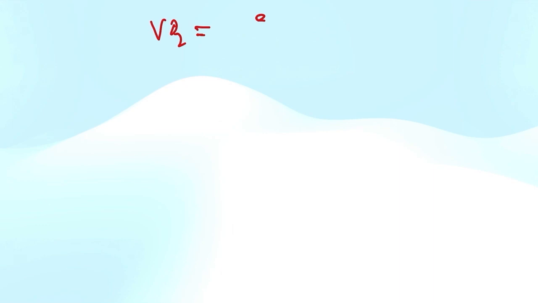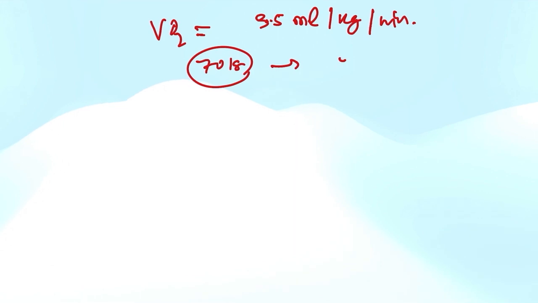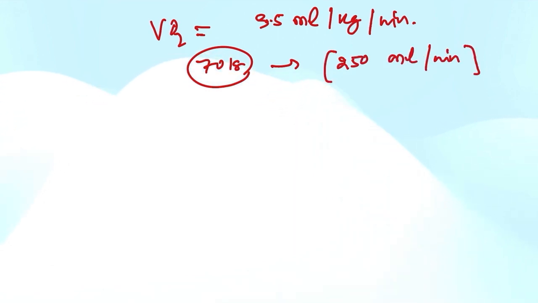So again, VO2, or oxygen consumption of our body at resting phase per unit time, is equal to 3.5 ml per kg per minute. So for a 60 to 70 kg adult, we can calculate it as around 250 ml per minute, and we'll be using this standard value for our simplistic calculation.